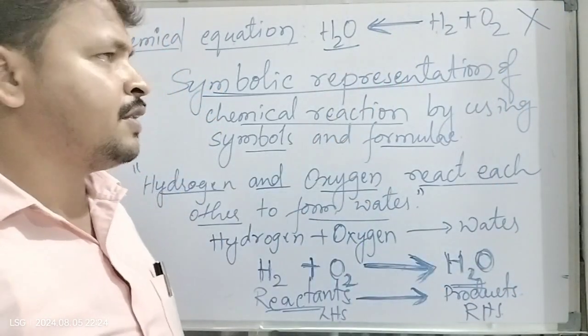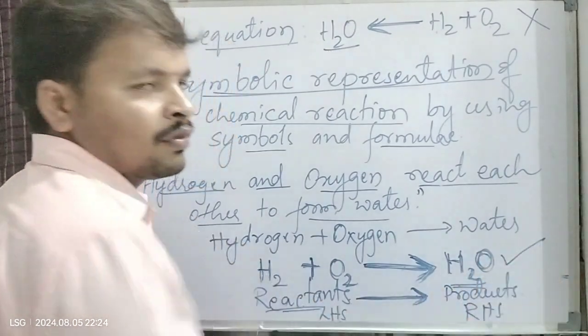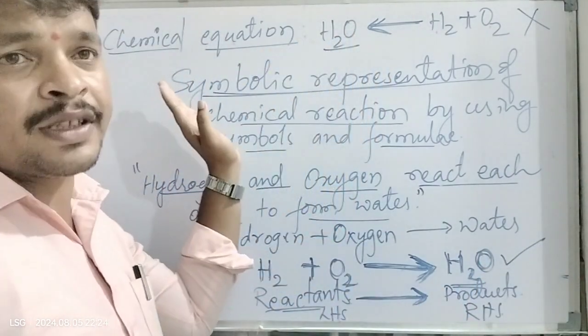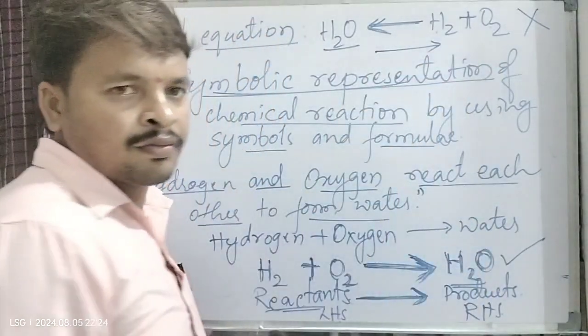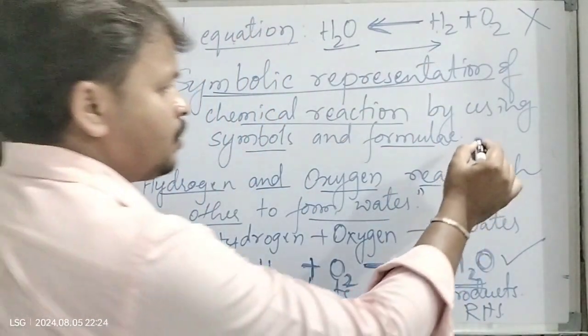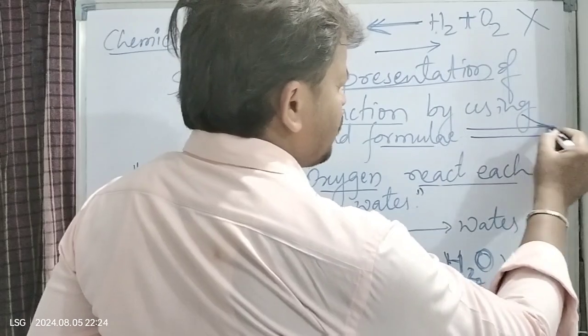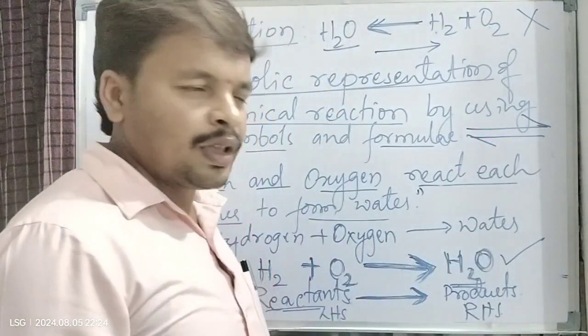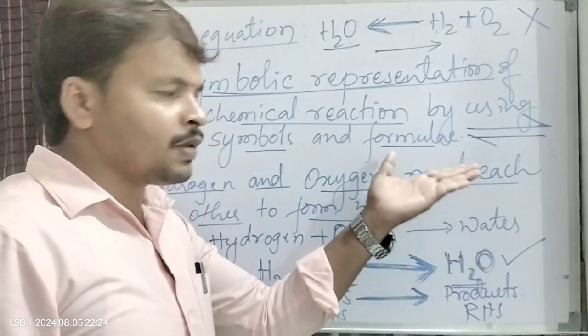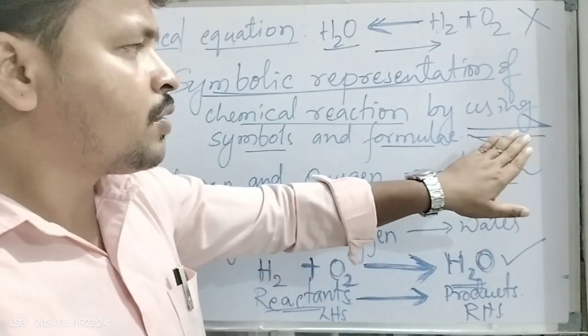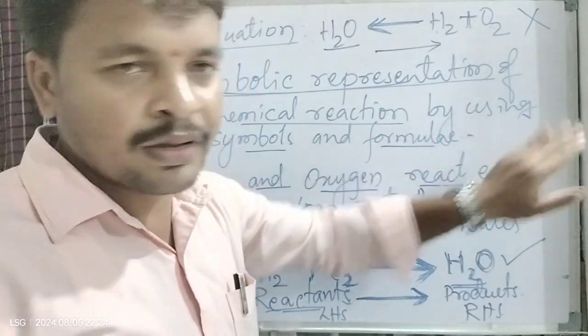In our science, we follow this rule: reactants must be written on the left, and the arrow mark must be shown like that. Somewhere we use symbols like the equilibrium symbol, which you are going to study in the next lessons, especially in carbon compounds. There we will discuss such symbols.